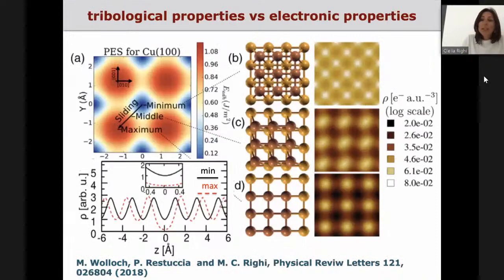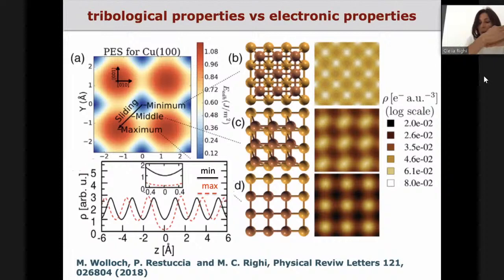Not only that, we also found that the amount of interfacial charge that is present between the surfaces is maximum when the surfaces occupy a stable position, a minimum of the potential energy surface, while this amount of charge decreases when the two surfaces are displaced towards less stable stacking configurations.